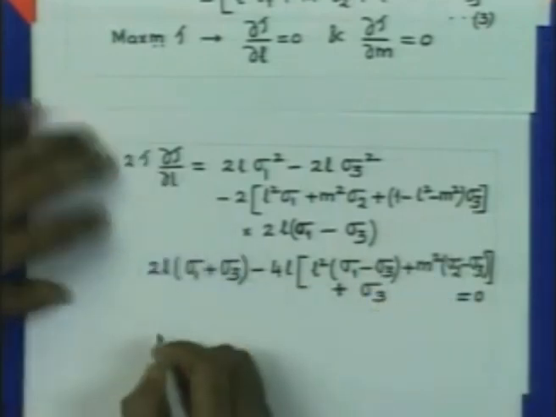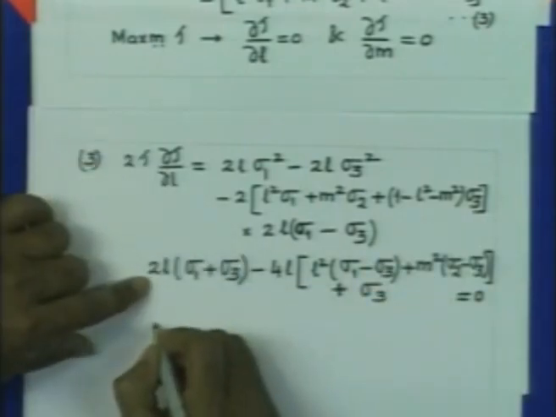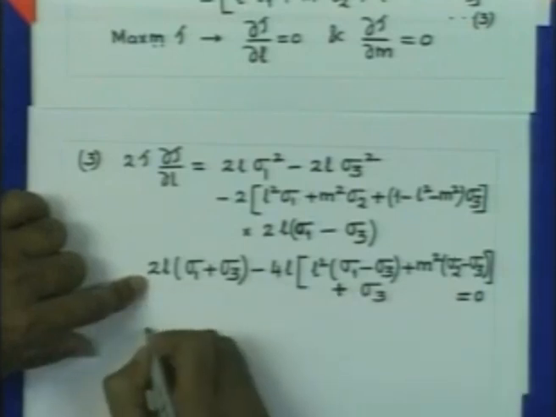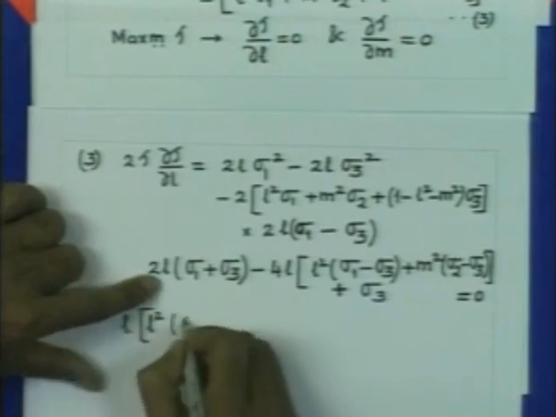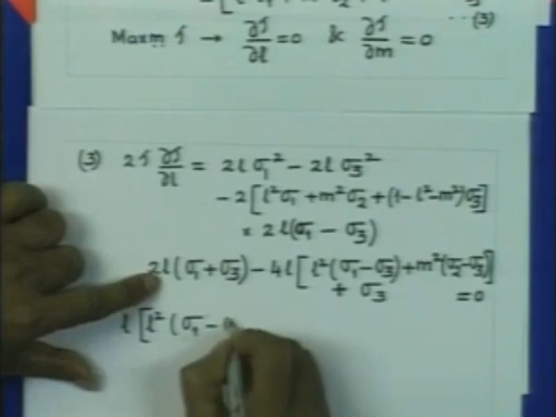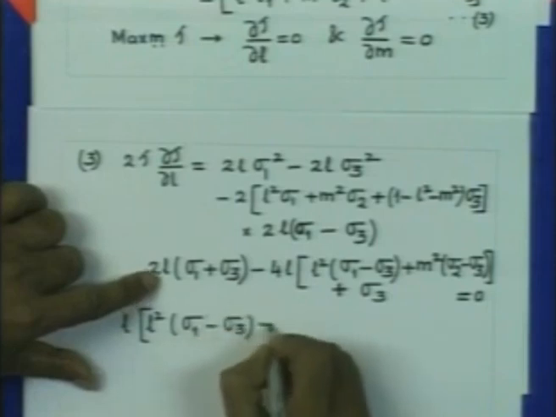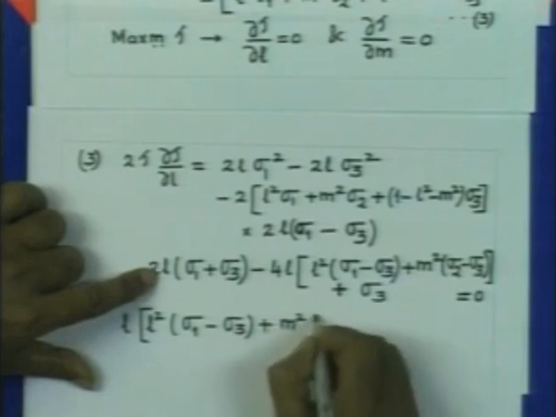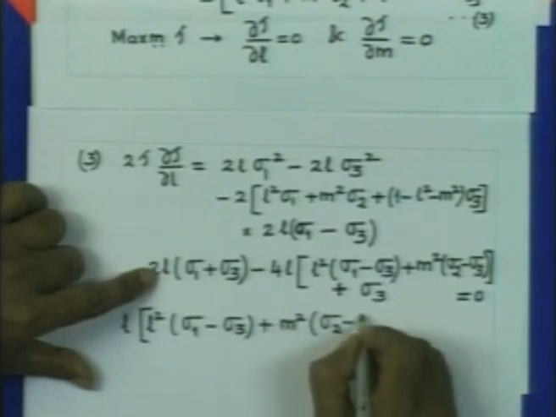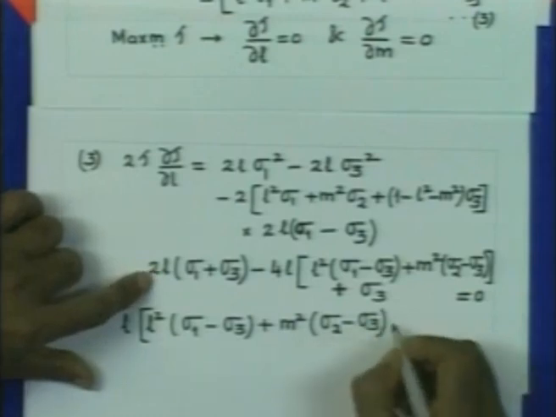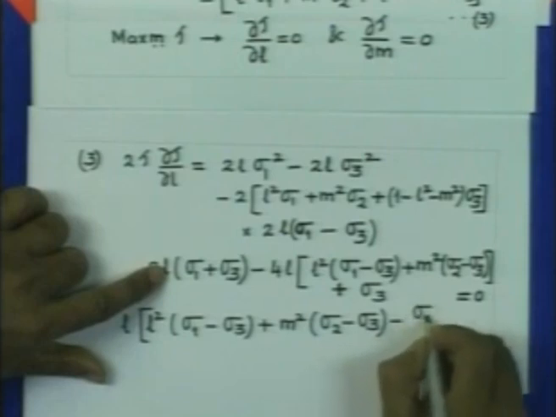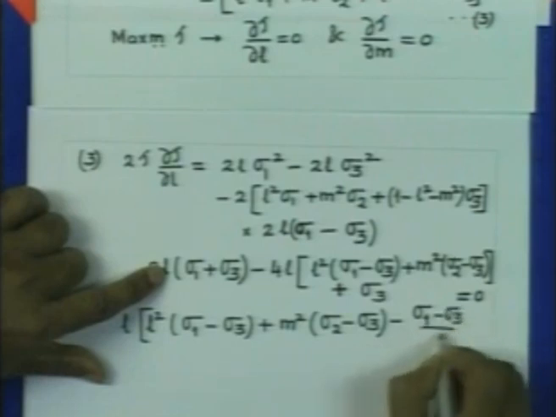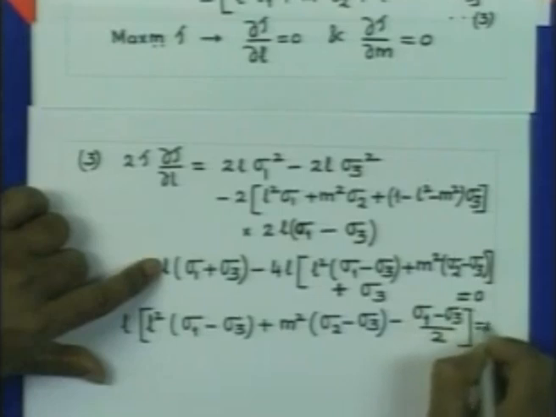Now, if we take l common and rearrange, this equation will become l into sigma 1 minus sigma 3, into l square sigma 1 minus sigma 3 plus m square sigma 2 minus sigma 3, minus sigma 1 minus sigma 3 by 2 equal to 0.